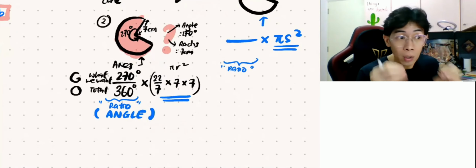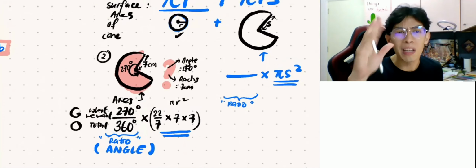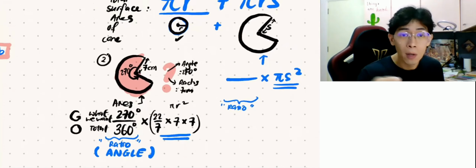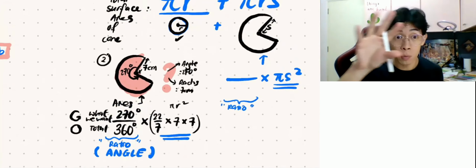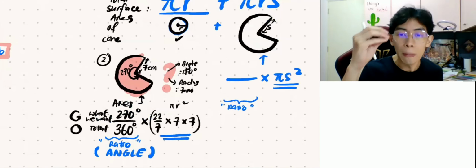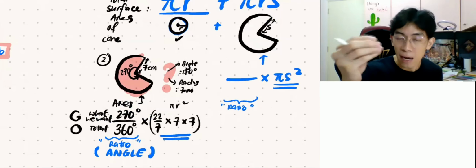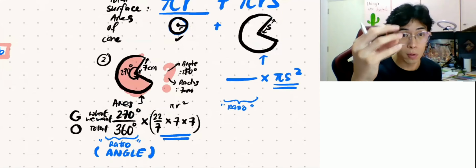But over here, can we use the angle? Cannot, because it's not given. So can anyone, if you are okay with everything so far, suggest a way to replace the angle, but we can still use it to represent the ratio?